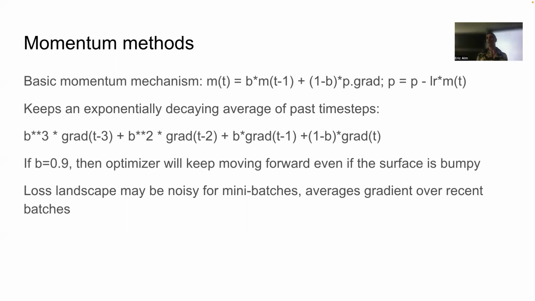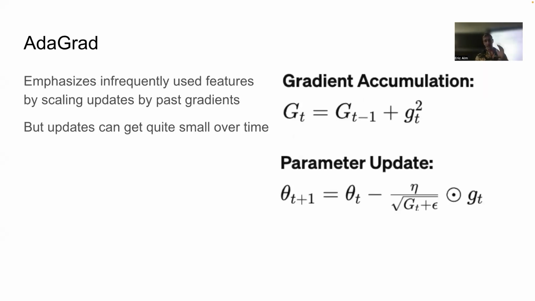My gradient from 100 time steps ago is like 0.9 to the 100th power, so it's basically 0. And so what happens is at each time point, I have an exponentially decaying influence from the previous time points, okay? So that's the whole idea behind momentum methods. And that's basically what momentum is.